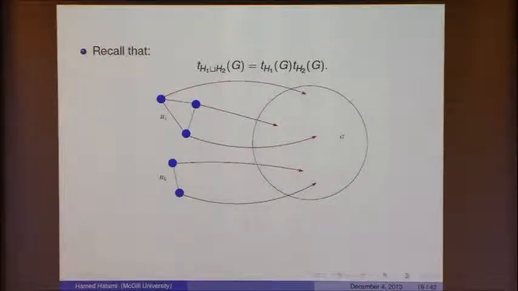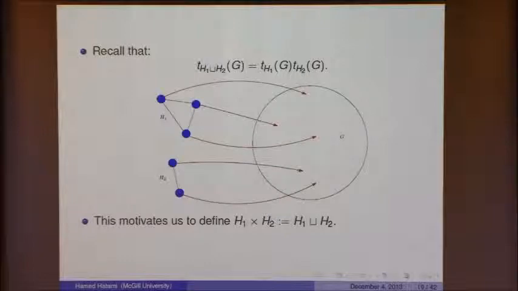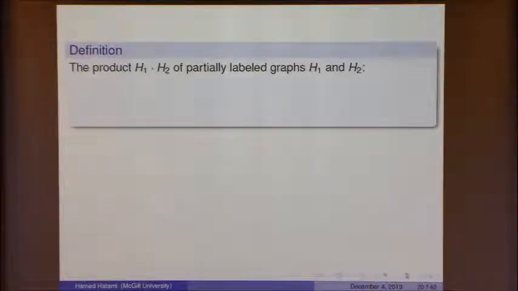So recall that I had this identity here. And motivated by this identity, I can define the product of 2 graphs to be just a disjoint union. So I basically convert this to a definition. I'm defining the product of 2 graphs to be their disjoint union. Now I want to define similarly the products of partially labeled graphs.